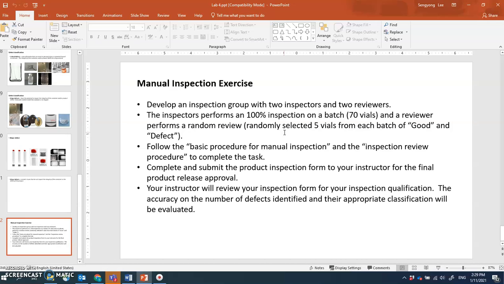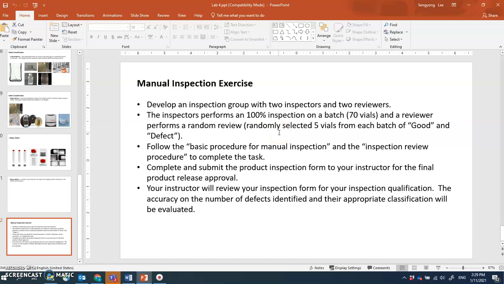You will do a secondary inspection on the batch that was inspected by the other group, and your inspected batch will be secondary inspected by another group. So there will be a cross-examination in the process. See if you can identify all defects through this activity. That's the goal.